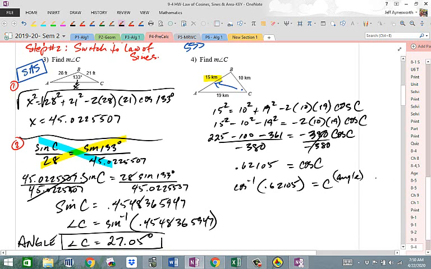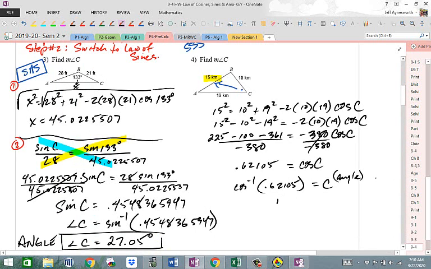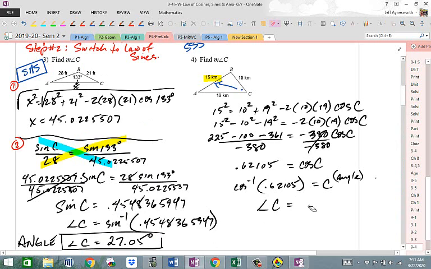So I go second cosine, which gives me the inverse. I recall my answer back as I did in the previous problems, and then I get an angle of 51.6 degrees. So angle C is, excuse me, 51.6 degrees.